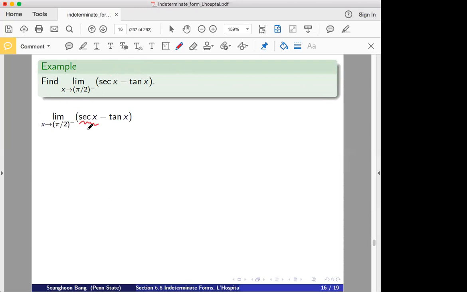Yes, 1 over cosine. What is the identity of tangent? Yes, sine over cosine. You can change it to fractions and combine.